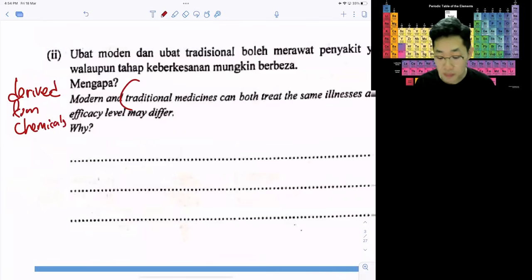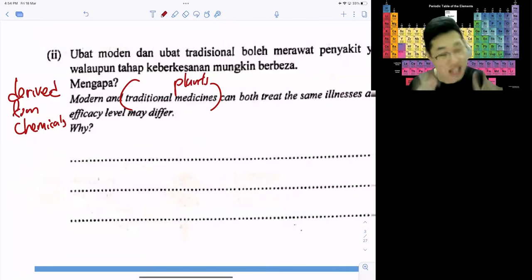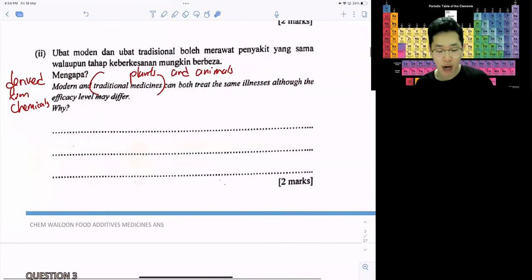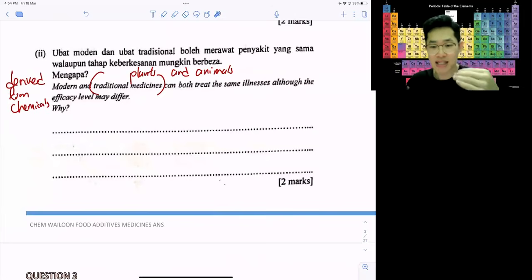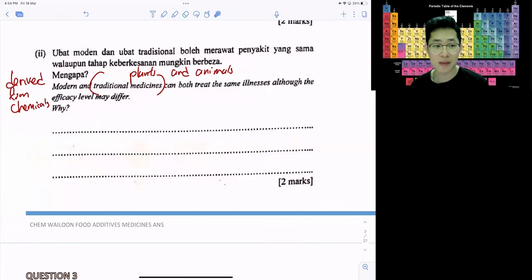Traditional medicine comes from plants or animals. But of course, this is not the answer, I'm just telling you the extra information. So now they're asking why both are medicine, but the efficiency level is different.